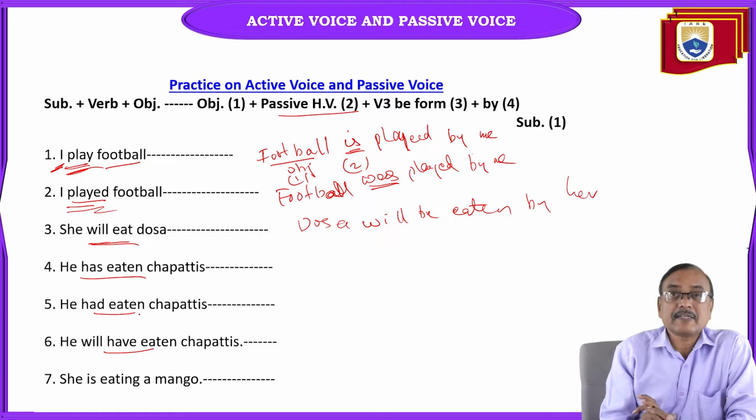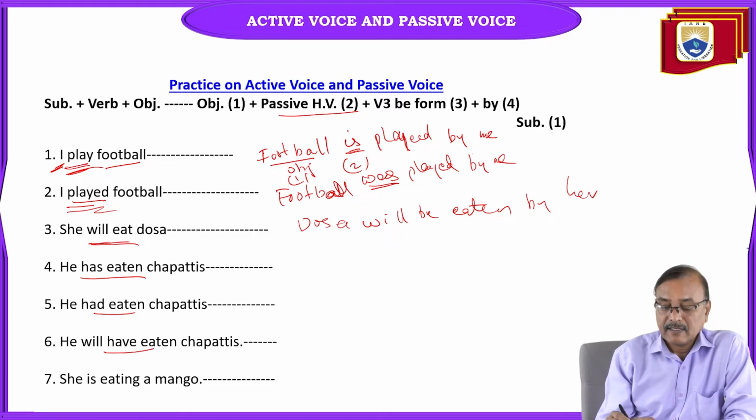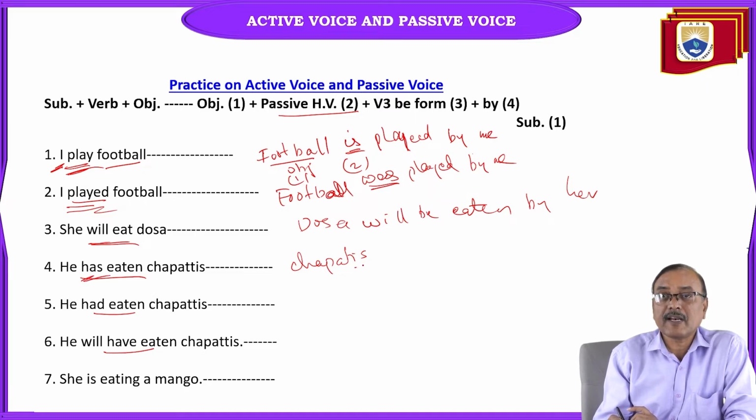In perfect tenses, what is the passive helping verb? Been. Chapatis, don't say has, chapatis is plural, so it becomes have. What is the passive helping verb? Been. Eaten by him.